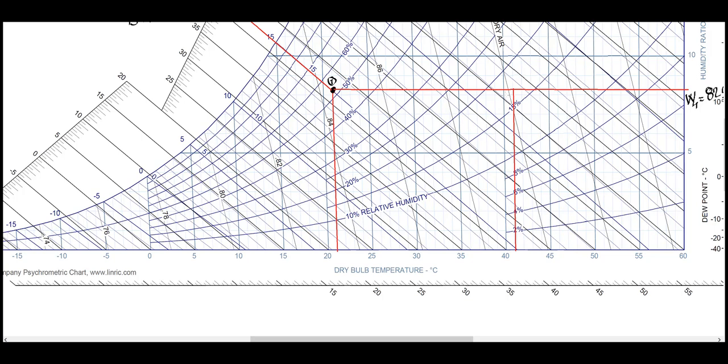So we have now your point 2. We can draw the process like this, and draw the arrow going here. So from 1 to 2, this is labeled 1, this is 21 degrees Celsius, and this is 41 degrees Celsius.